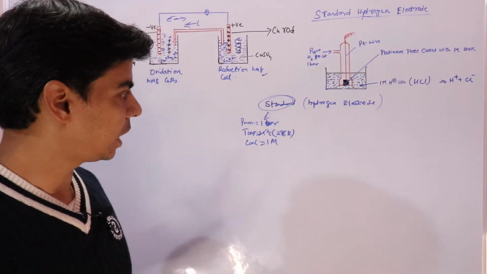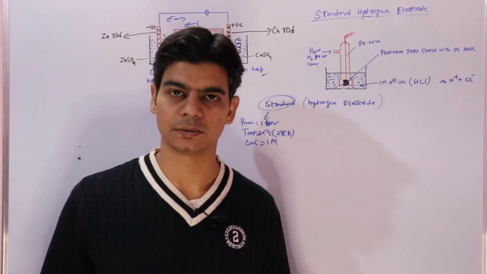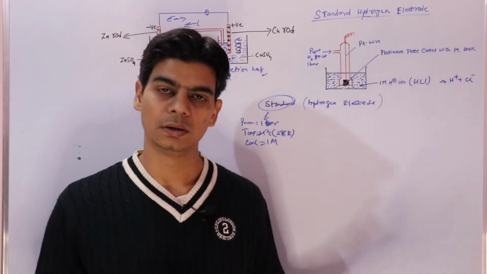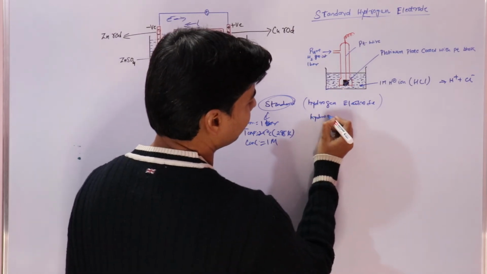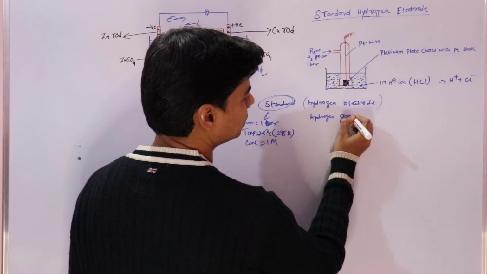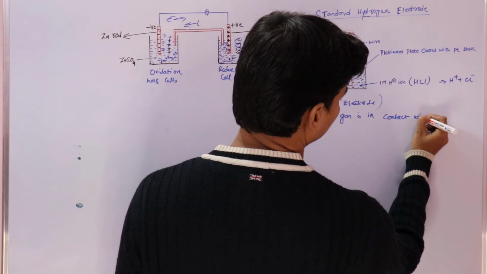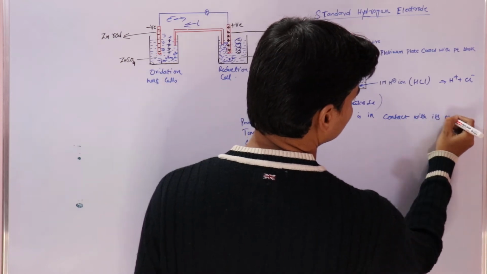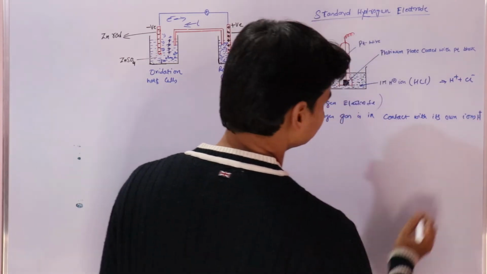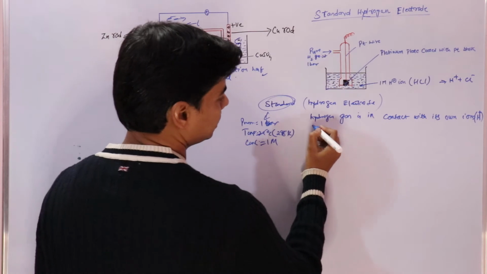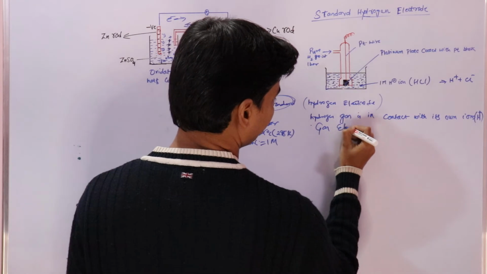Now here we have hydrogen electrode, and we know hydrogen is a gas. So when we say hydrogen electrode, that means hydrogen gas is in contact with its own ions, which are hydrogen ions, and it forms a gas electrode.